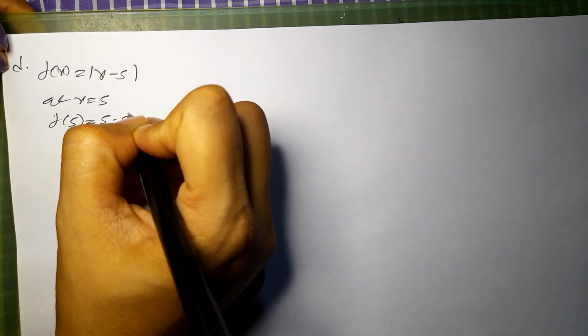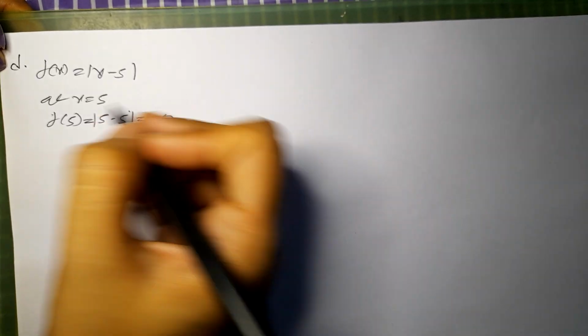Now f of x is equal to modulus of x minus 5. At x equal to 5, f of 5 is equal to modulus of 5 minus 5, that is equal to 0.